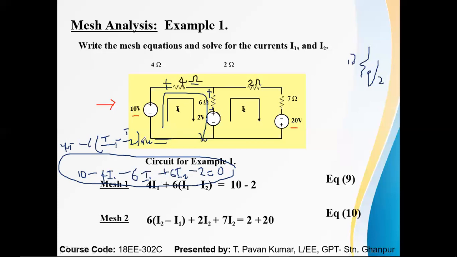If I send this part of the equation to the right side, it will become like this, right? So instead of writing these two steps, I wrote directly 4I1 plus 6 times I1 minus I2 equals 10 minus 2, right?